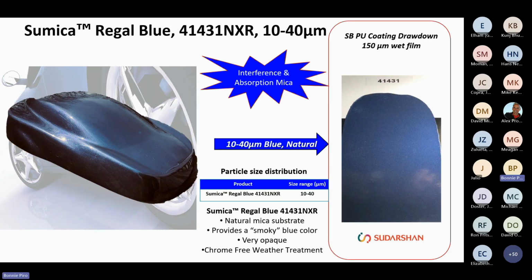So the example here is the Regal Blue. In this particular example, it is the surface treated one with the chrome-free surface treatment for exterior automotive type coatings. It gives that nice opaque smoky blue coloring that is unique.